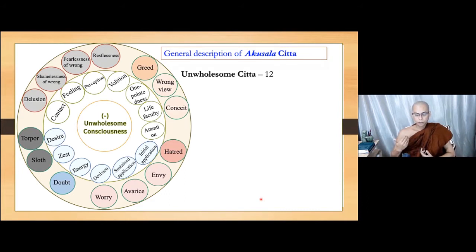And for the mental factors, you can identify the associated consciousness and also accompanying mental factors by using these 3 methods: Sampayoga Naya, Sangaha Naya, and the Mixture method, called Missaka Naya in Pali.